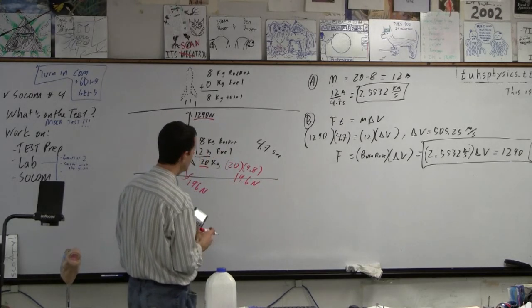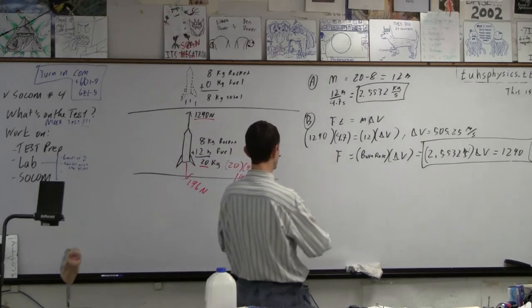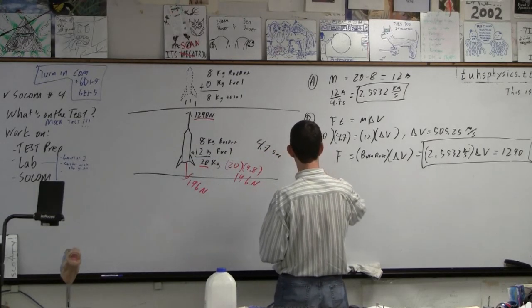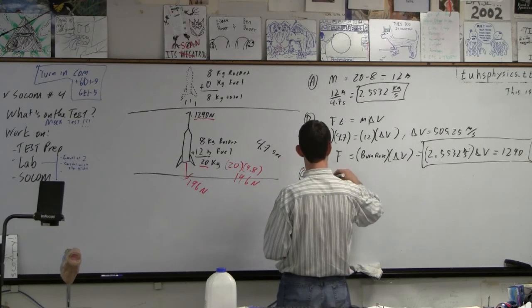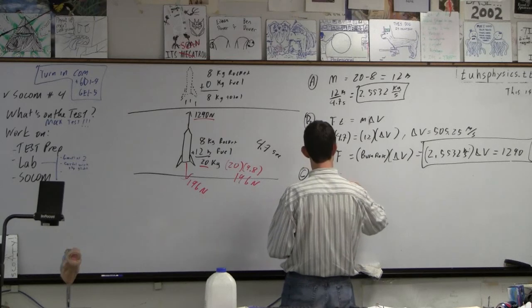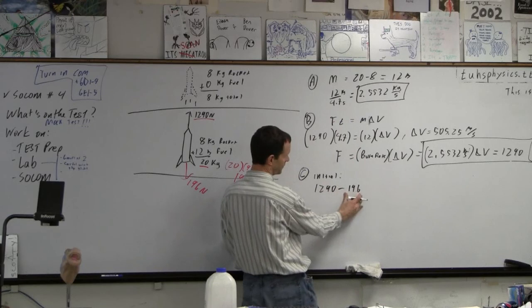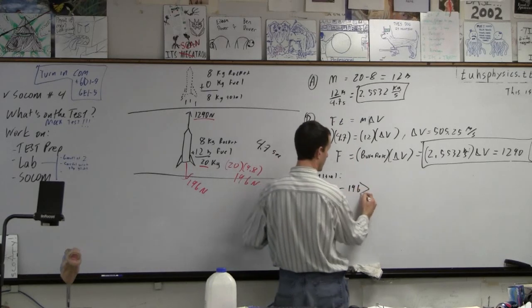Right? So for this one, I'm going to do this. The initial is going to be 1290 minus 196. So this is the force up, that's the force down. Right?